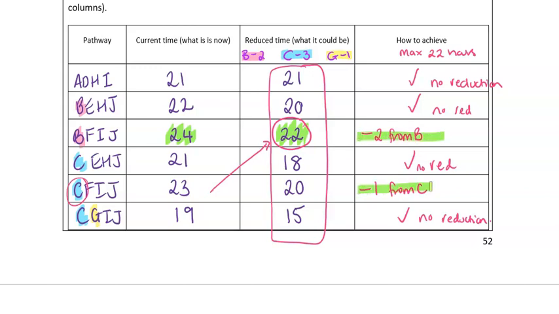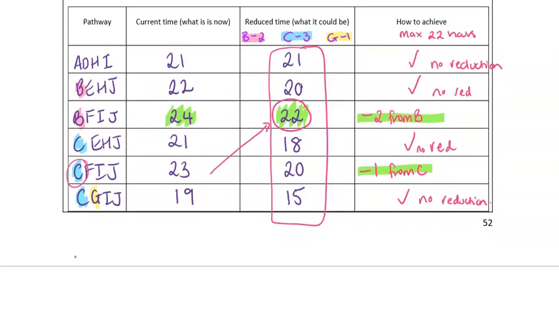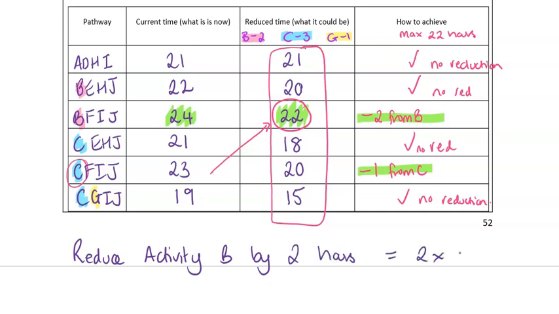Looking at the 2 things that I identified as having to reduce, so now I can say I'm going to do activity B. So I'm going to reduce activity B by 2 hours, and that will cost me 2 lots of $8.